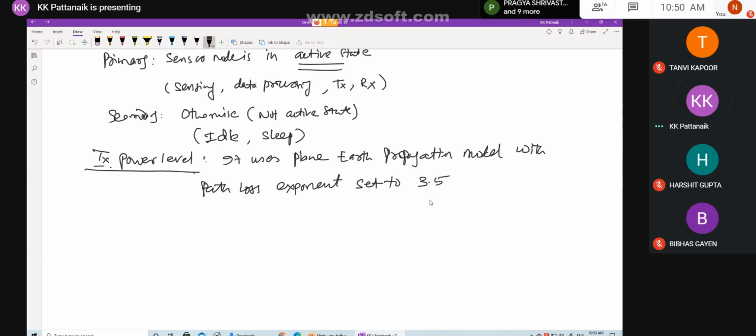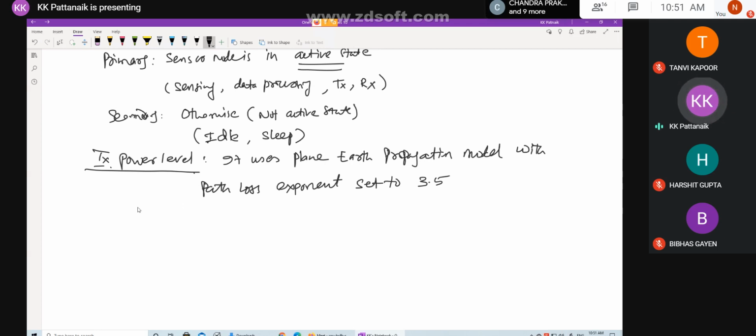Okay. So power level basically says at what power, at what energy a sensor node can work. Why do we say this? Because if it has to transmit to a longer distance, it has to transmit the signal at a higher power, right? So in total, there are 6 levels of power setting.